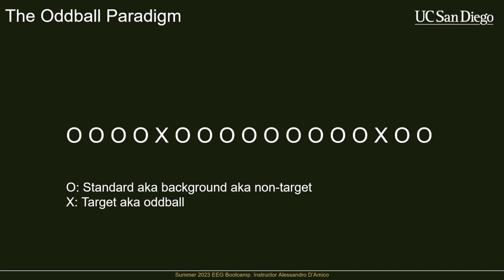And your X is your target stimulus. And the participant typically has a task, which is either to count how many times they see their X's, or you can have a purely passive one where people are just looking at it. But the task that you give people determines whether or not they're going to elicit the P300 or how big it's going to be. So it's modulated by task constraints.